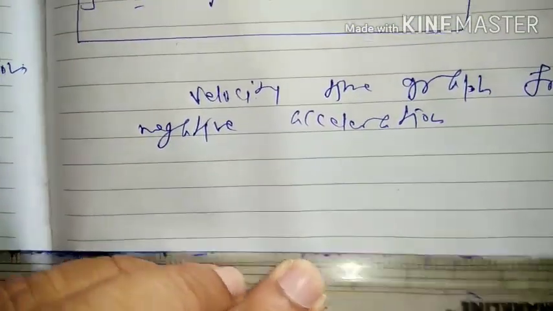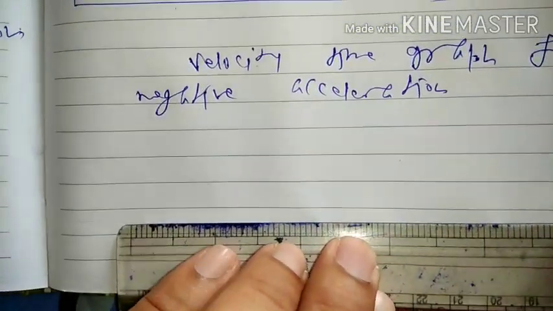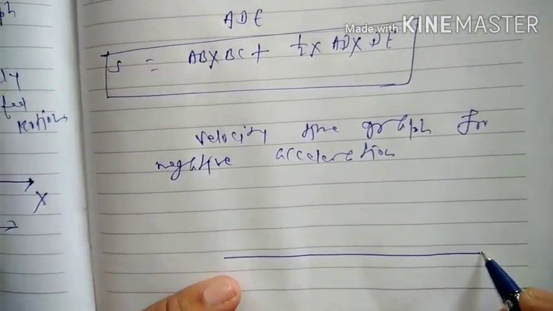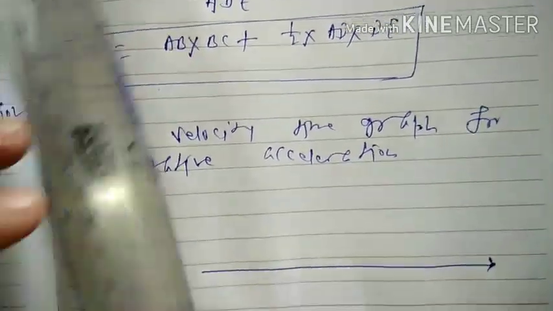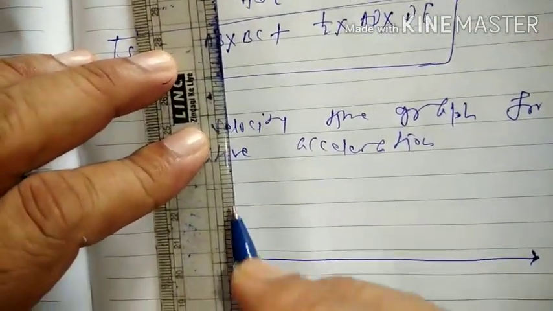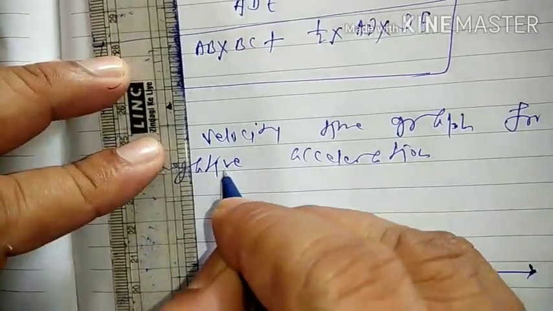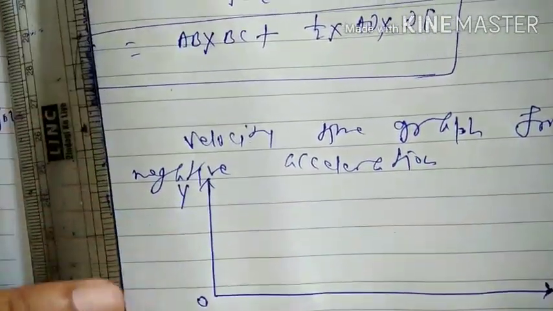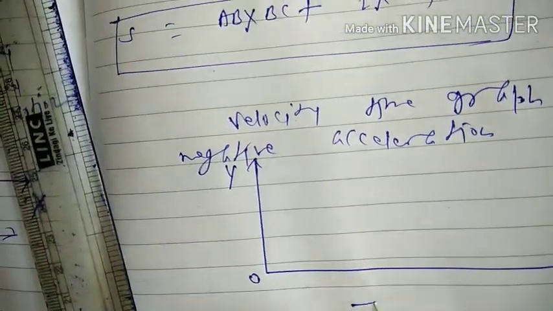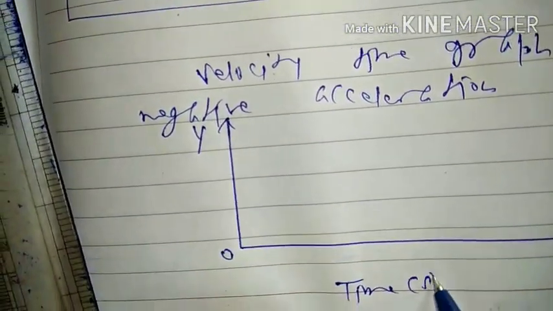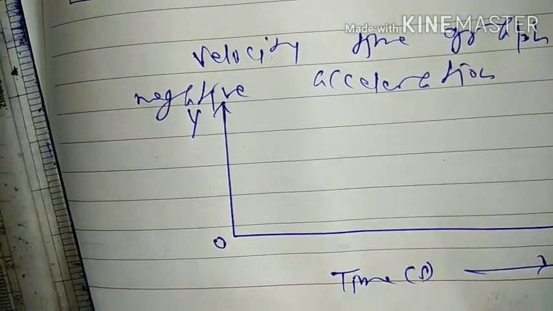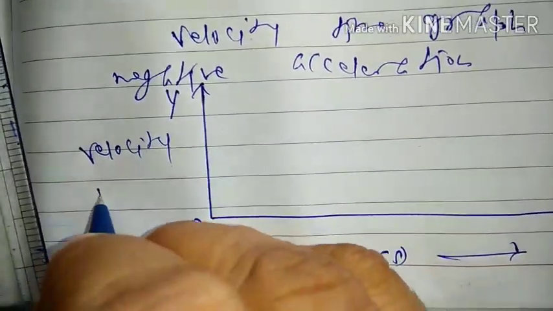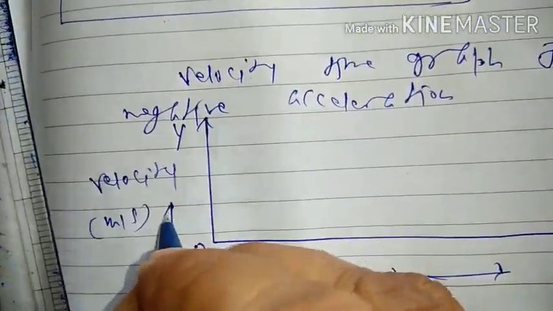For this representation, once again we take time on the x-axis. So this is our x-axis, which is also called the time axis, and velocity on the y-axis. This is the origin, x, y, origin. We take time in second along the x-axis, and velocity in meter per second along the y-axis.